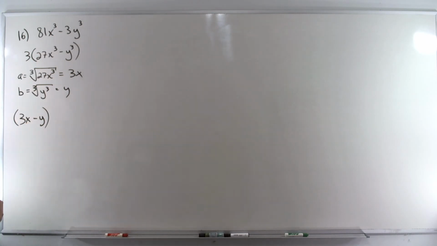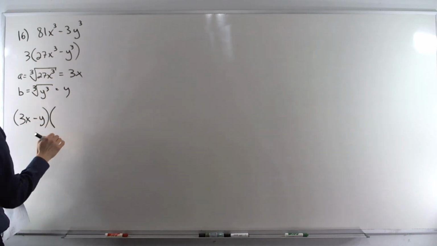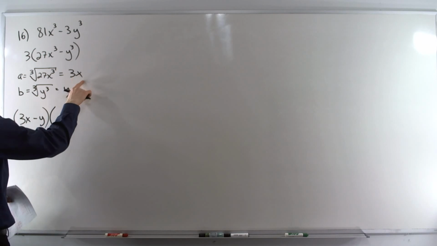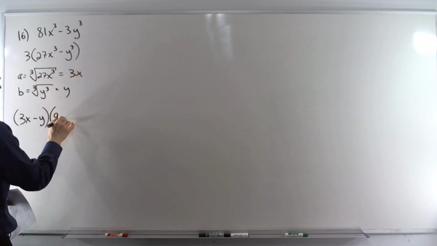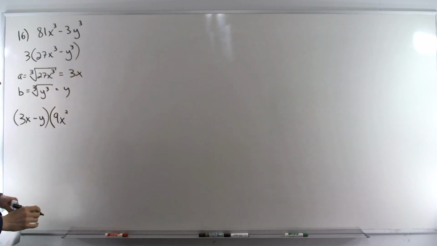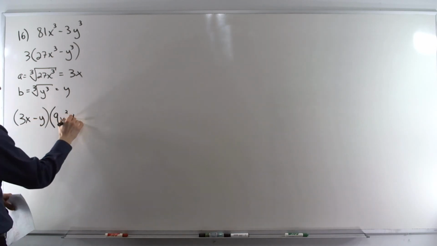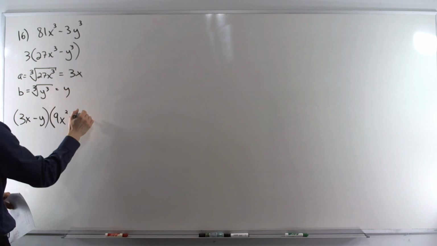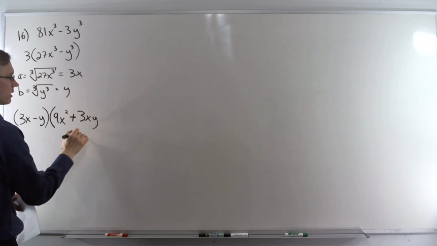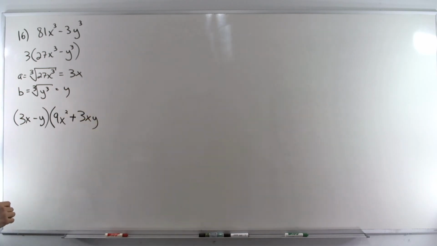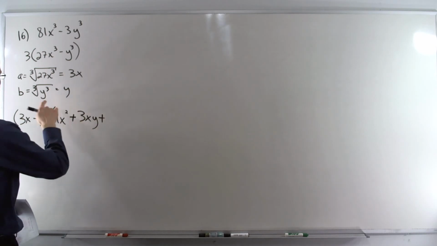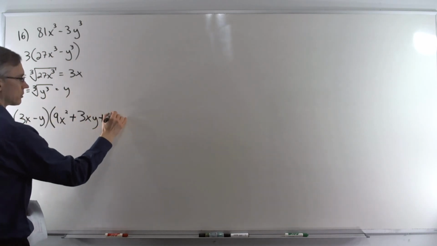That will match the first one. And then we'll do a squared. 3x squared is 9x squared. And in the middle, switch from subtraction to addition. 3x times y is 3xy. And on the end, b squared, which is y squared.